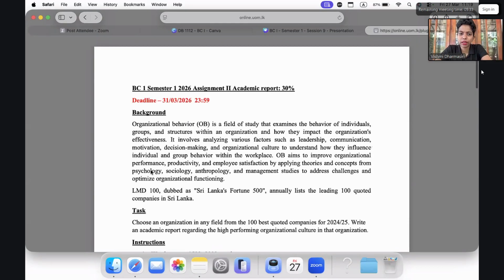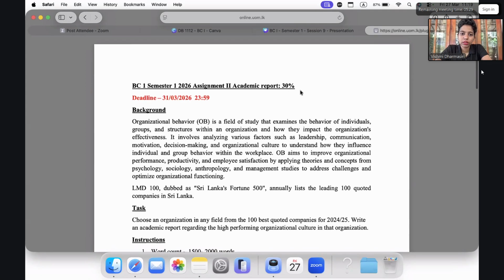In the introduction of the assignment, if you have it open right now, it clearly says what you should be explaining.